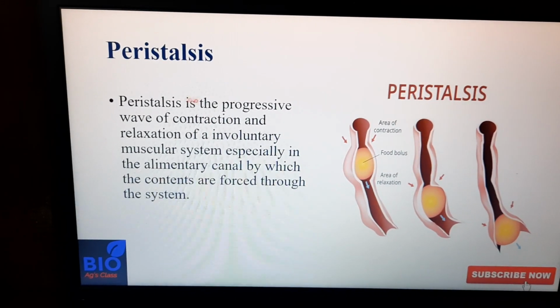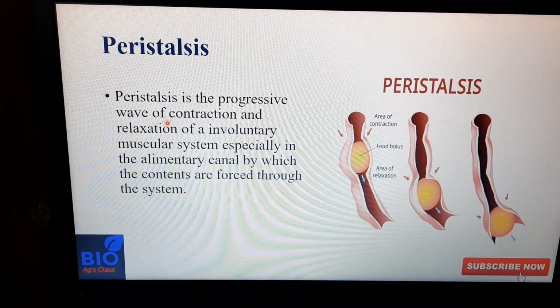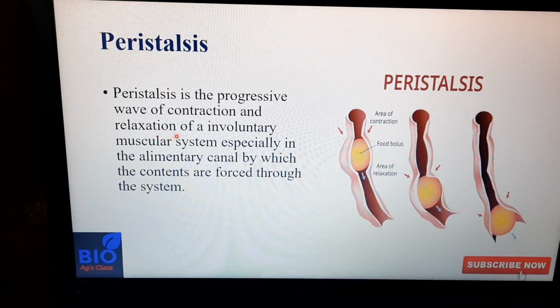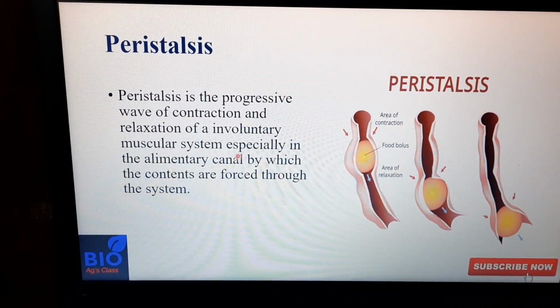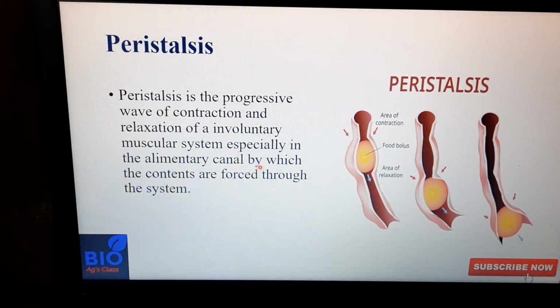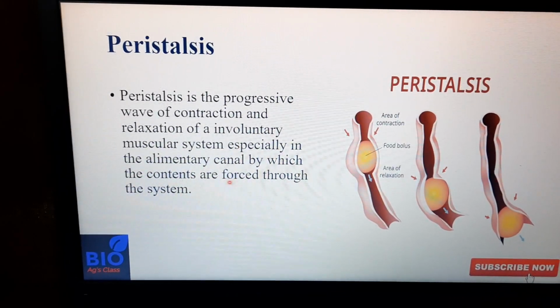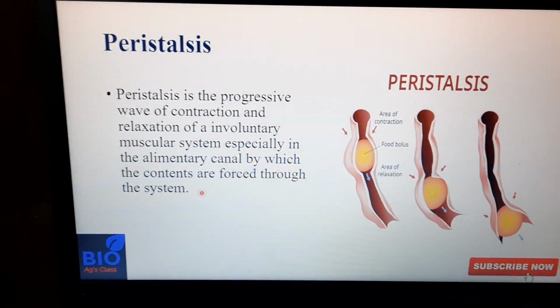Actually, peristalsis is a progressive wave of contraction and relaxation of an involuntary muscular system, especially in the alimentary canal, by which the contents are forced through the system.